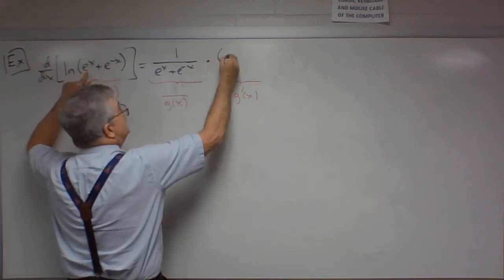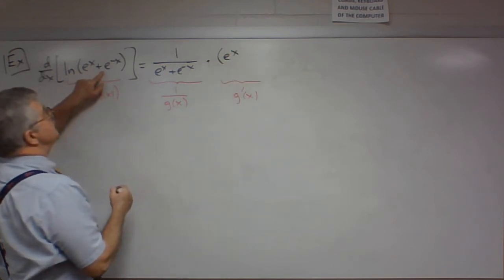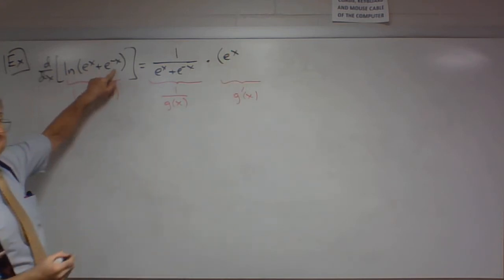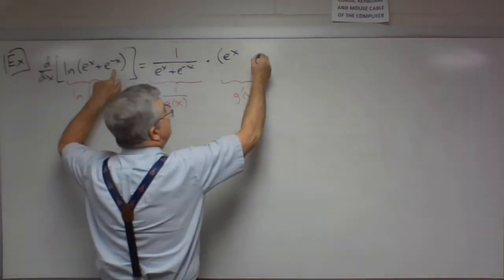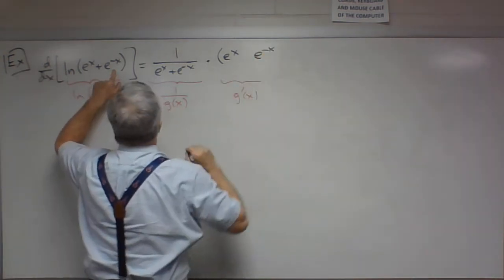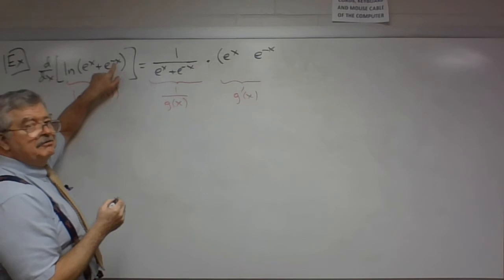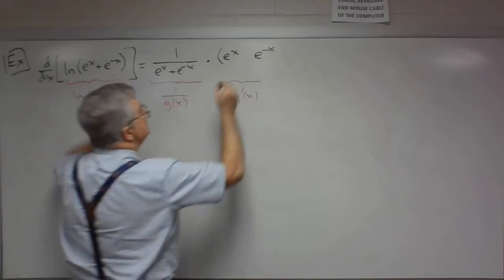Well, the derivative of e to the x is just e to the x. The derivative of e to the negative x is e to the negative x times the derivative of the exponent, which is -1.